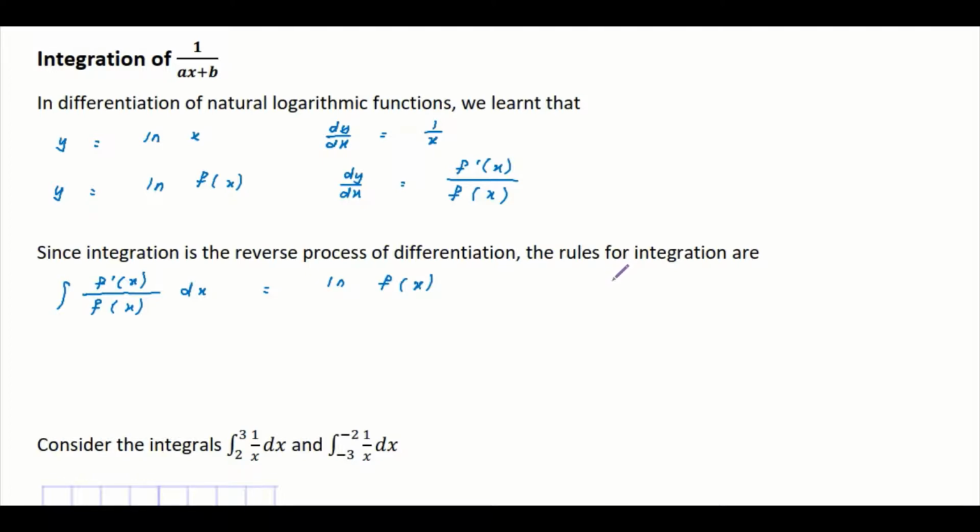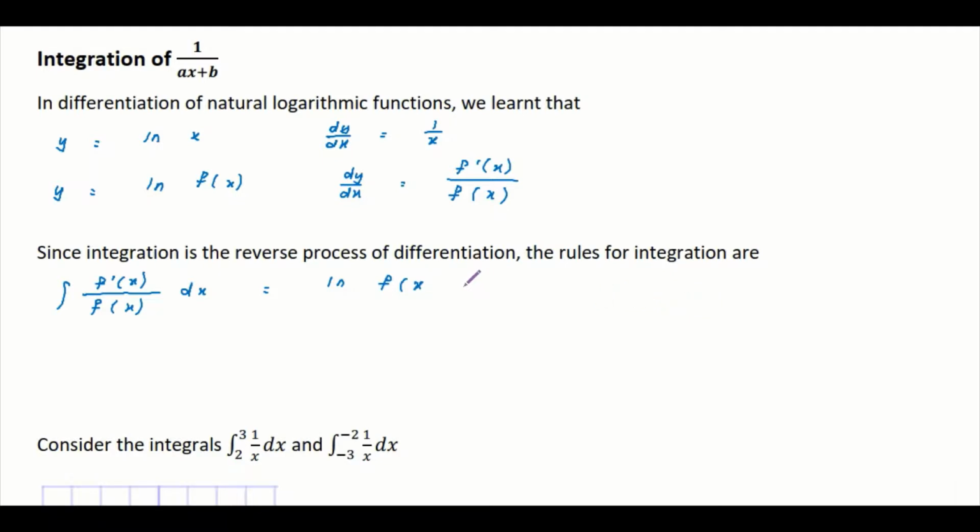Maybe I try to give you an example here. If I have 4x squared plus 3x, and this is 8x plus 3, you can see that it's a derivative divided by the original function. So what is this? This is just natural log of 4x squared plus 3x. Okay, as simple as that. Okay, so let's move on.